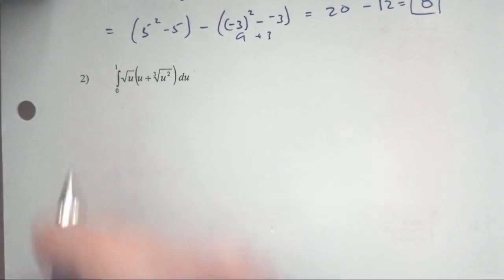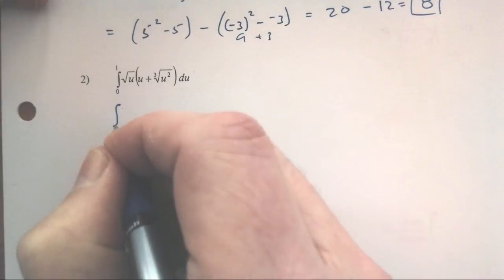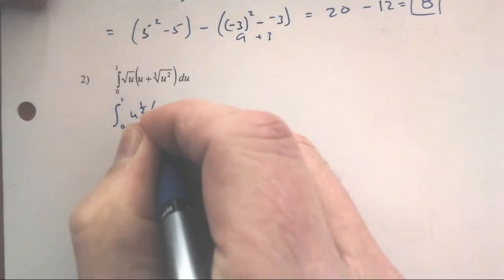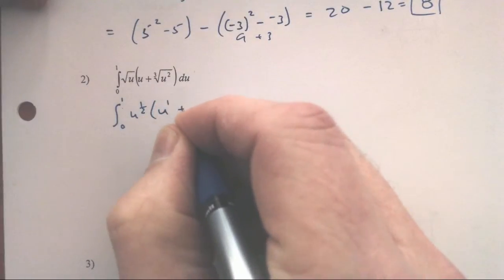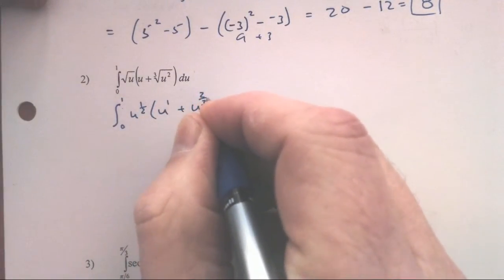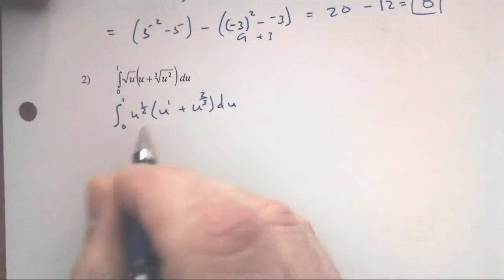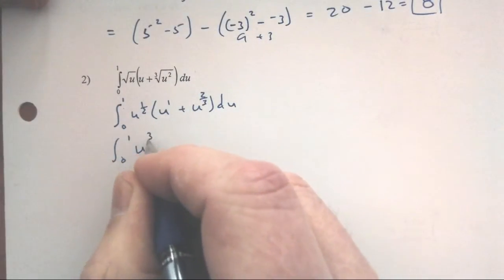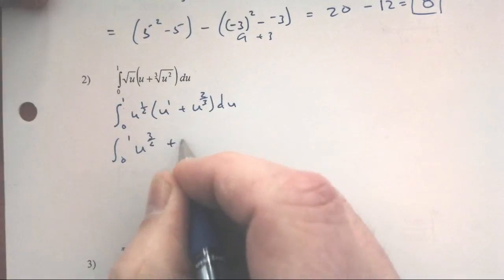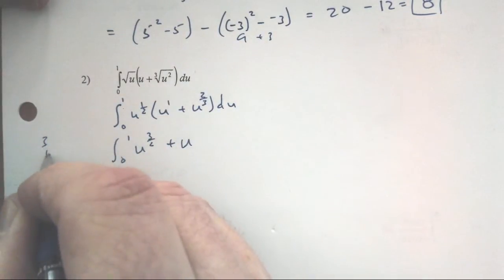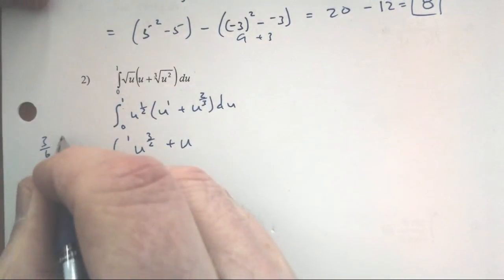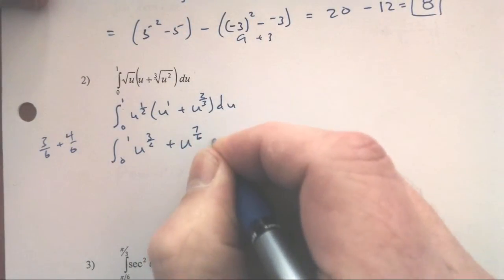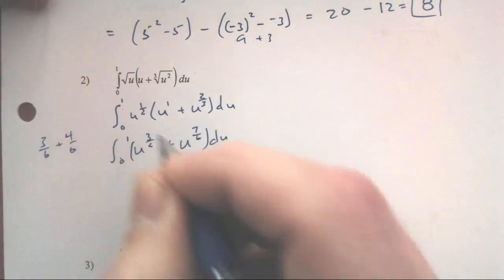Okay, this problem, we may be better served by thinking of this as integral 0 to 1, u to the 1/2, u to the first, plus u to the 2/3 du, and distributing this. Integral 0 to 1, u to the 3/2, plus u to the 1/2, that's 3/6, plus 2/3, that's 4/6, u to the 7/6 du.